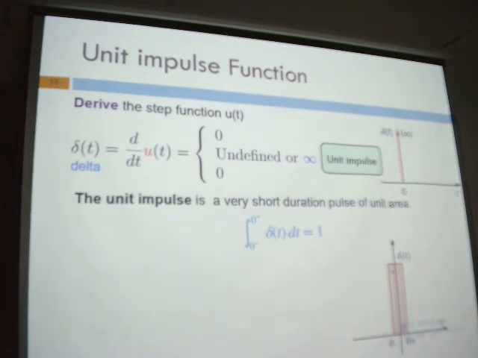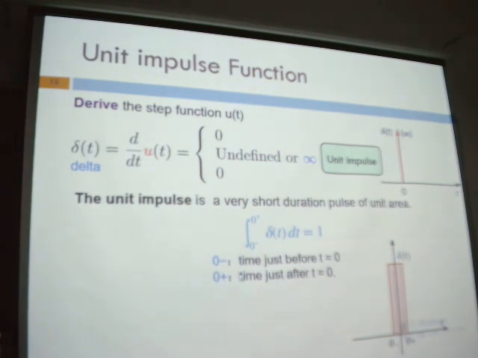If we integrate delta t from 0 minus to 0 plus, the area of this block is 1. This is an important property of the unit impulse.